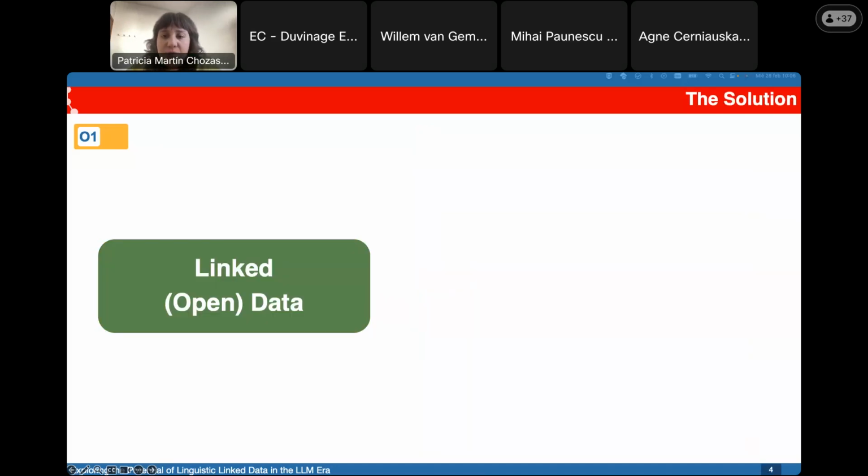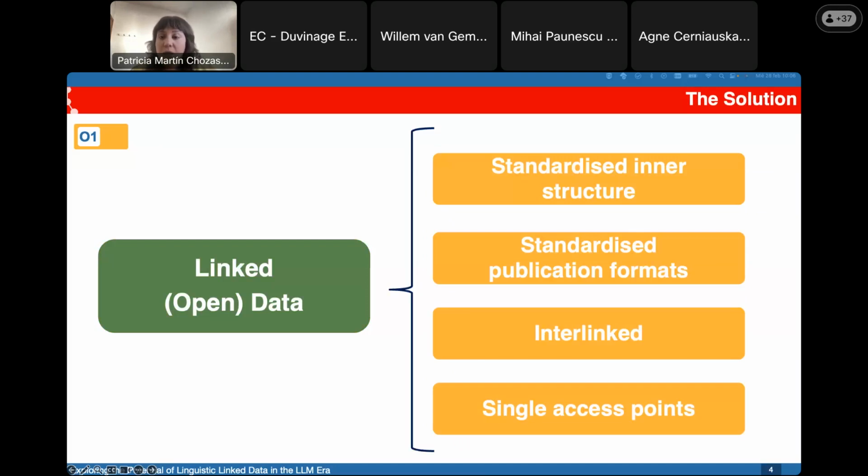So, to solve these limitations, the linked data paradigm emerged. Amongst other benefits, linked data pursues the publication of resources following a standardized inner structure and standardized open formats, which means that they can be easily accessed, edited, and updated, which is another problem with the traditional data sources, that they usually get outdated soon.